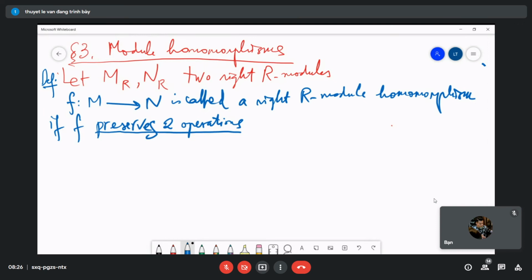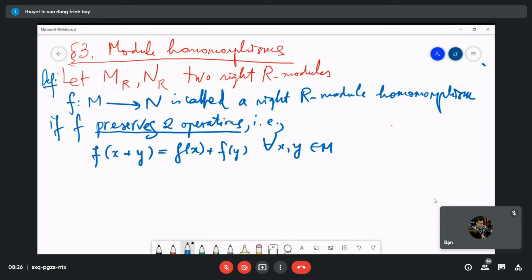So here it means that f of x plus y is equal to fx plus fy for every x and y in M, and f of x r is equal to f of x times r for every x in M and for every r in R. You remember that the first operation here is a plus, and the second operation is the multiplication, the point here.